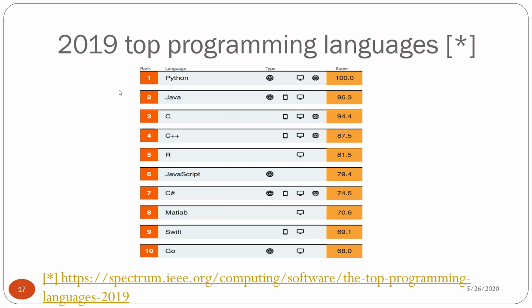There's some score. I don't know how they computed this score, but if you look at the score, Python has 100. Then you have Java, C, then C++, and R is the 5th language, and Python is #1. So this should convince us that we will stick to Python for CSE351.